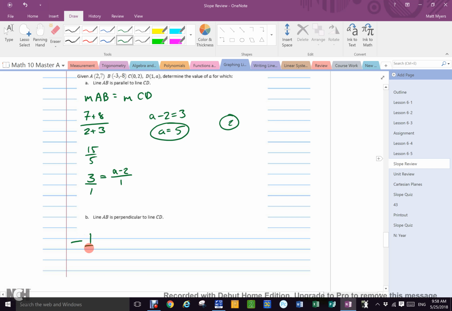So this is going to be 1 over 3, yeah? Does the other one change? Nope. So now I've got 3a minus 6 equals, what's negative 1 times 1? Negative 1. 3a equals 5. a equals 5 thirds for 2 marks.